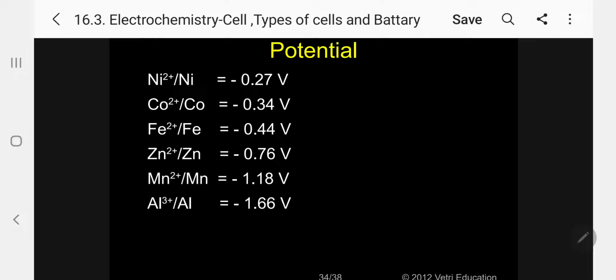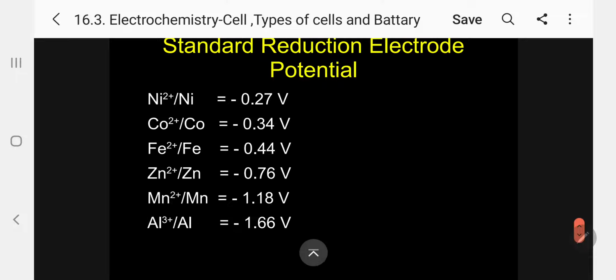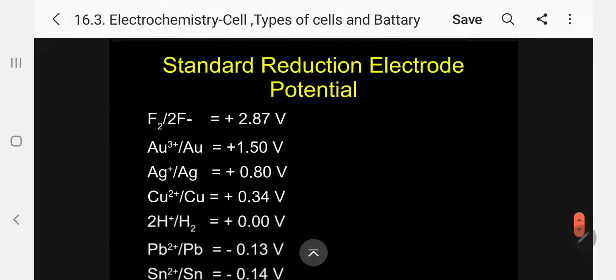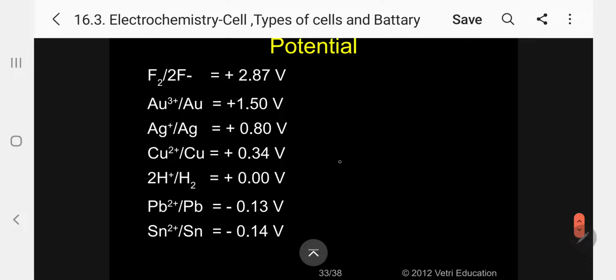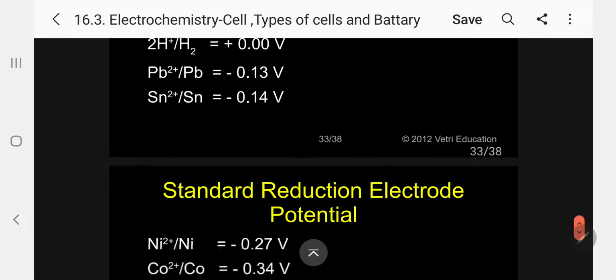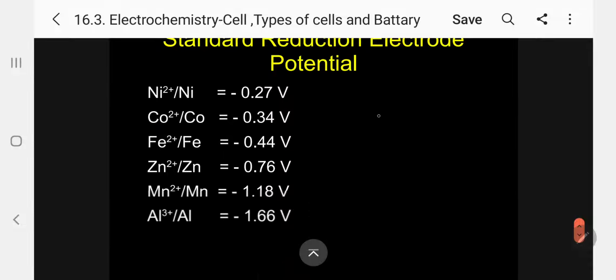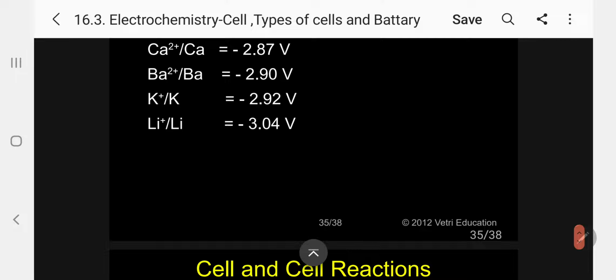So instead, my idea is that we will always remember the oxidation potential value rather than the reduction potential. If it is oxidation potential, zinc will be plus 0.76, and copper, kindly see, will be minus 0.34. Kindly follow.